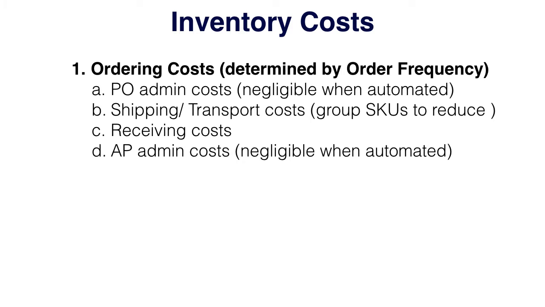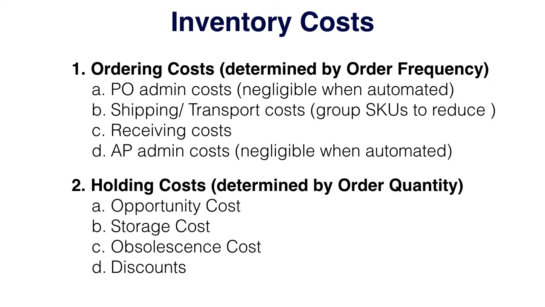If you group the SKUs, you can reduce the shipping and transportation costs, receiving costs, and accounts payable admin costs. The PO admin and accounts payable admin can even be reduced to almost negligible levels when you put in automated systems. So these are the typical ordering costs.